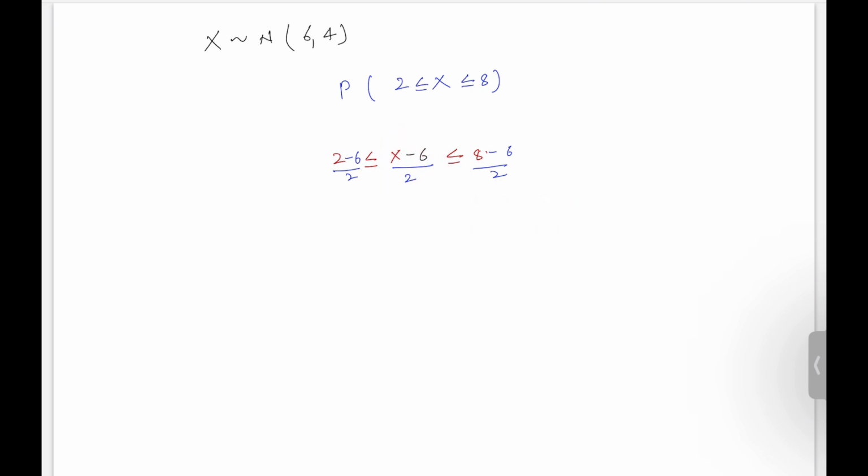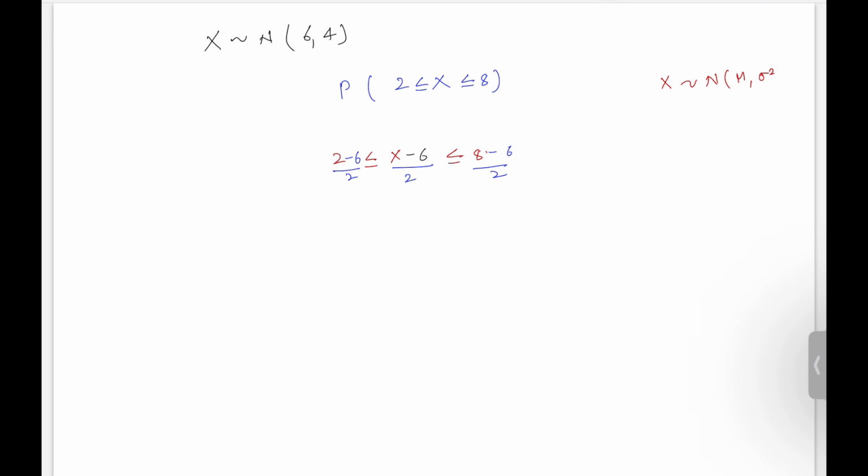So what we have done: this X is a general normal random variable with mean mu and variance sigma squared.